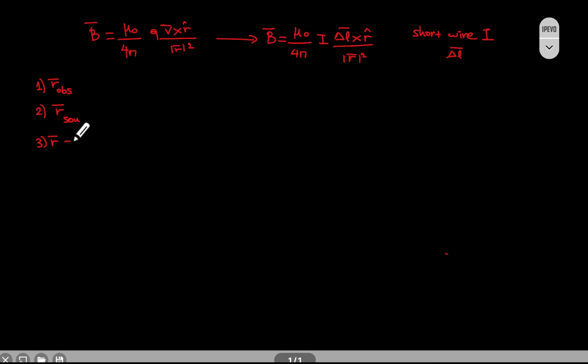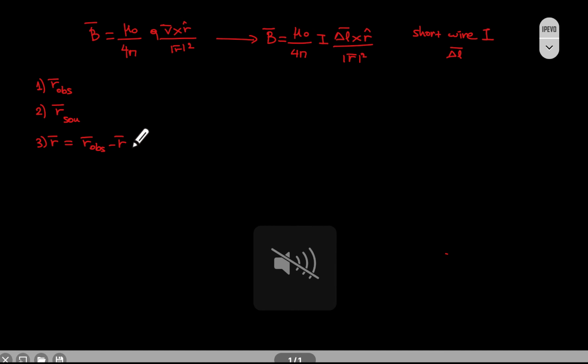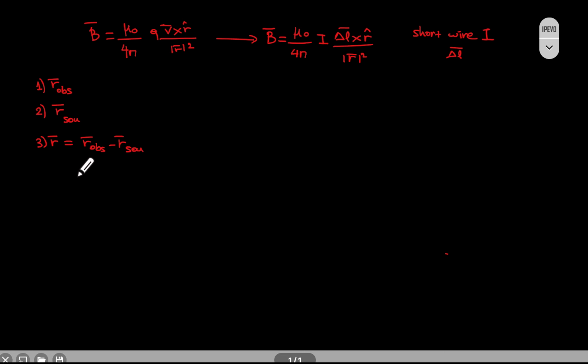Then we need to find r by doing r obs minus r source. And once you find r, we need to find the magnitude. We need to find r hat as the vector r divided by the magnitude.